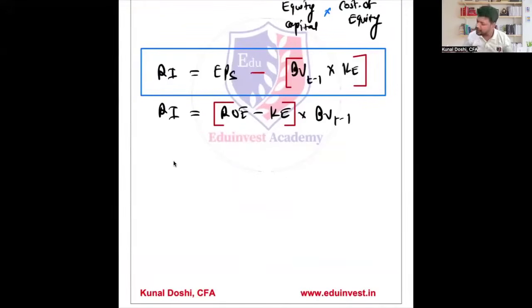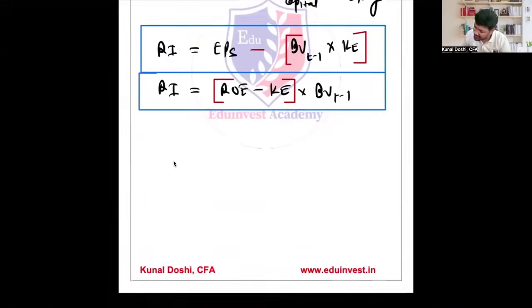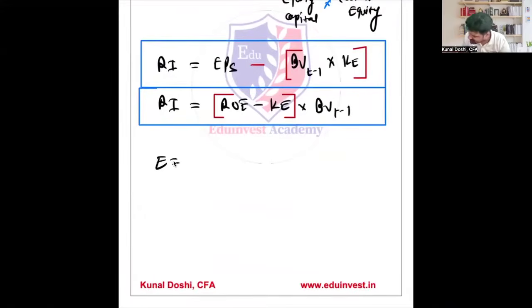You can directly utilize this. So both the formulas are actually the same thing. Now I'll just help you derive this for your reference. How did I come to this formula? It is basically a combination of, remember, the original formula is earnings per share. I can derive earnings from the ROE formula. Remember, ROE is earnings over book value. So if I do book value times ROE, I can get earnings.